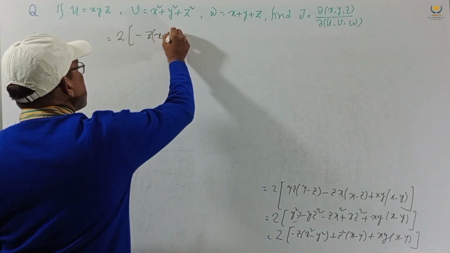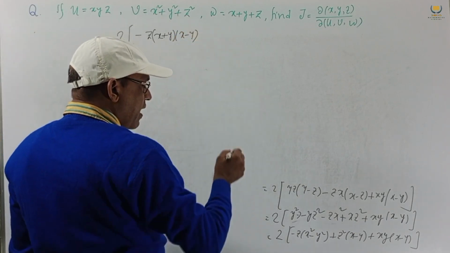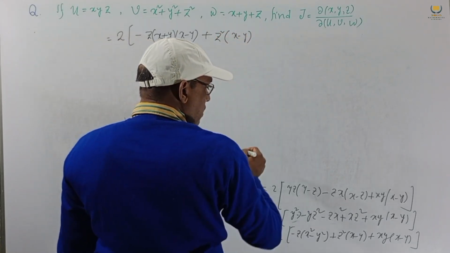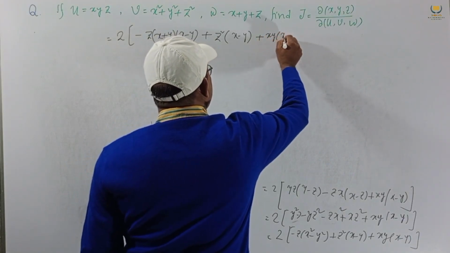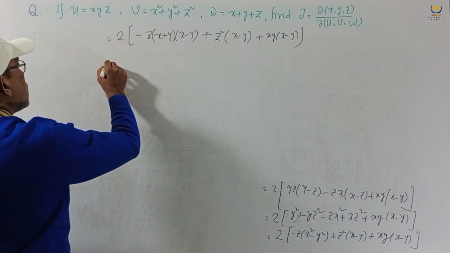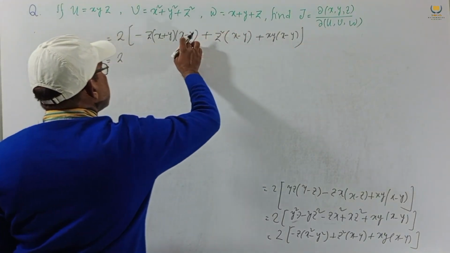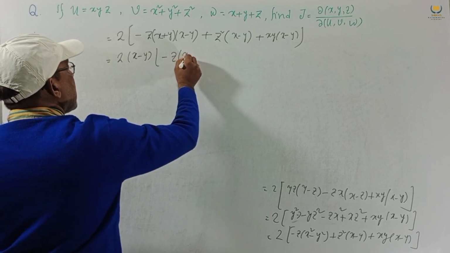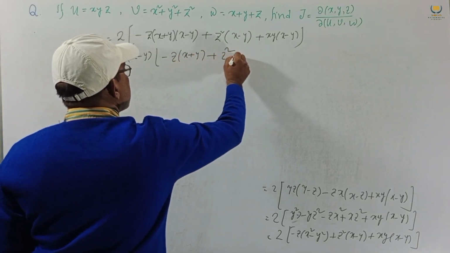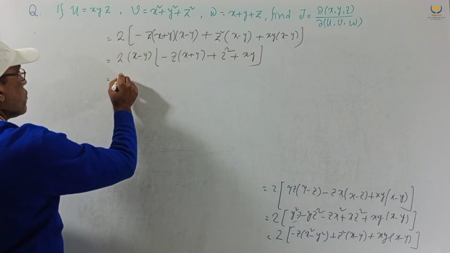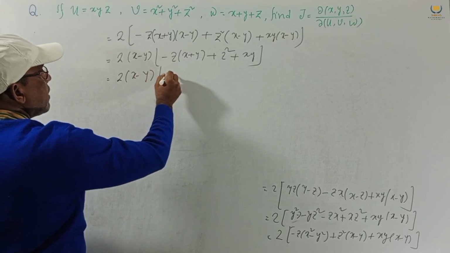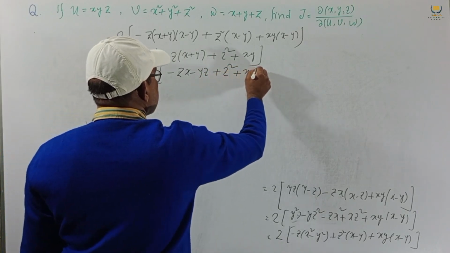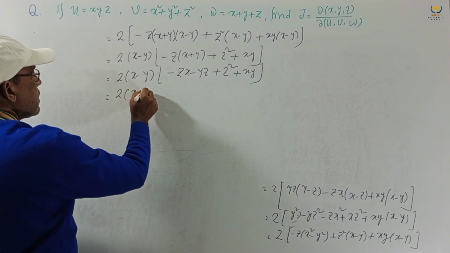This is a square minus b square formula, x plus y, x minus y, and plus z square, x minus y, plus xy, this is x minus y. 2 and x minus y, this is common, cancel, then we get minus z, x plus y, plus z square plus xy. 2 x minus y, minus zx minus zy, z square plus xy, 2 x minus y.